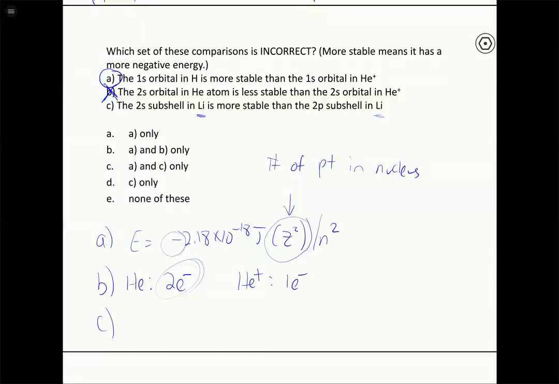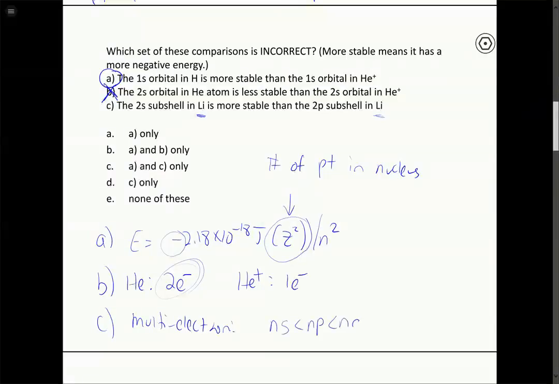So in lithium, we fill the 2s subshell before we fill the 2p. For any multi-electron atom, it doesn't matter whether it's lithium or anything else, the s subshell comes before p, which comes before d and f, if applicable in that given shell. So in this case, the 2s will be more stable than the 2p. So this one is also going to be true, so we don't want to include that in our answer.